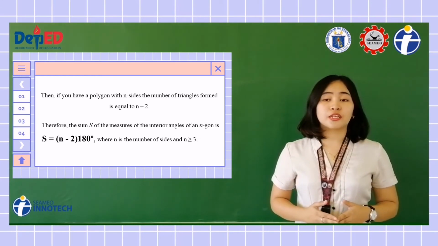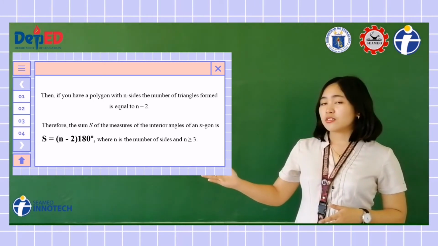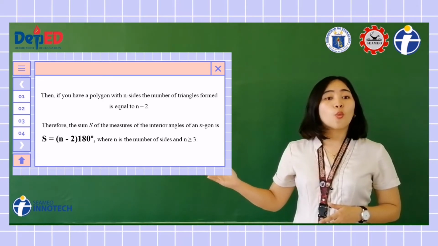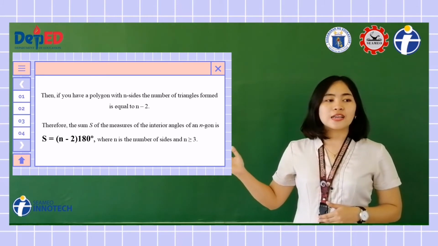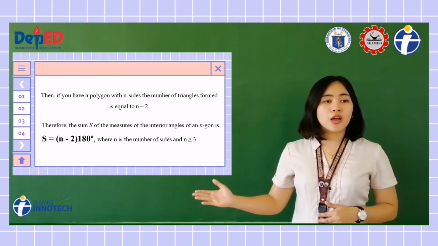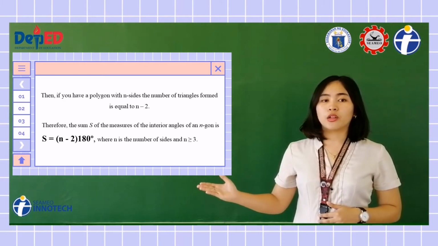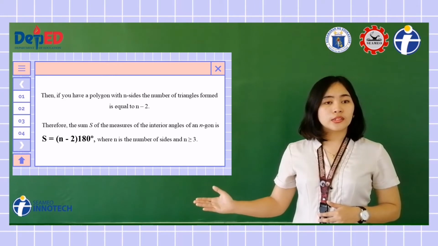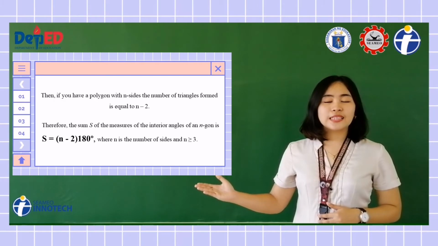Therefore, the sum of the measures of the interior angles of a regular polygon is S equals the quantity n minus 2 multiplied by 180 degrees, where n is the number of sides. Okay, remember this formula. So in getting the sum of the measures of the interior angles of a regular polygon, we'll use this formula: S equals the quantity n minus 2 multiplied by 180 degrees.